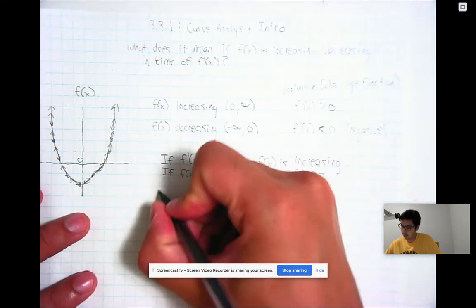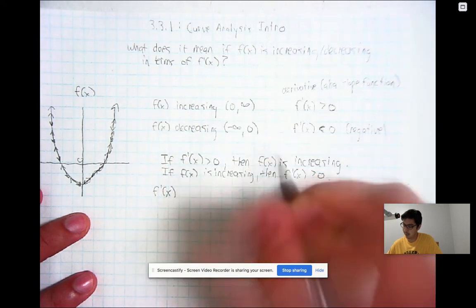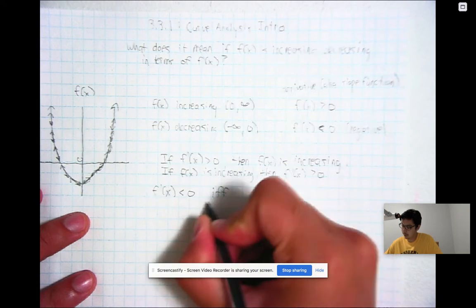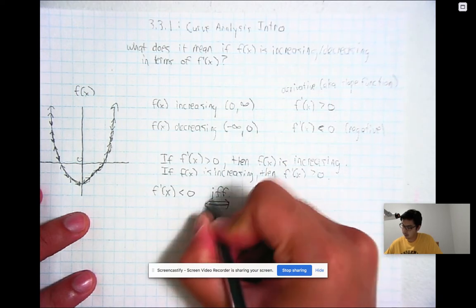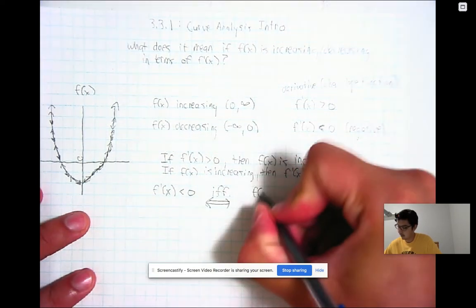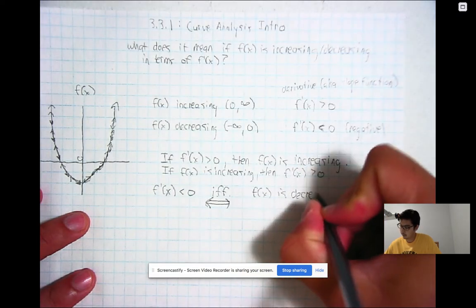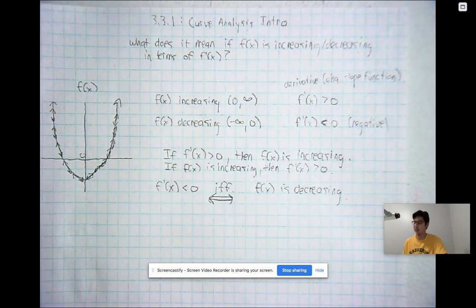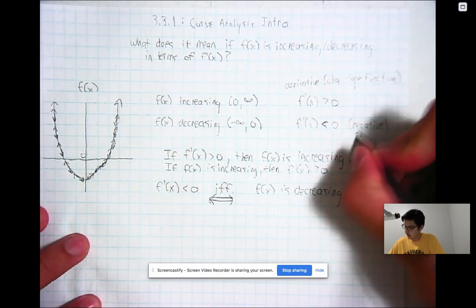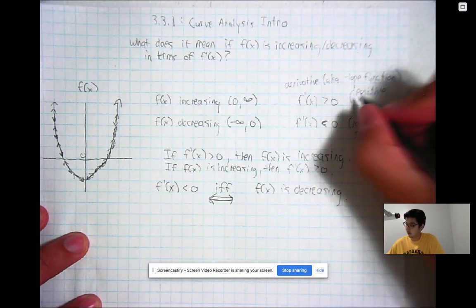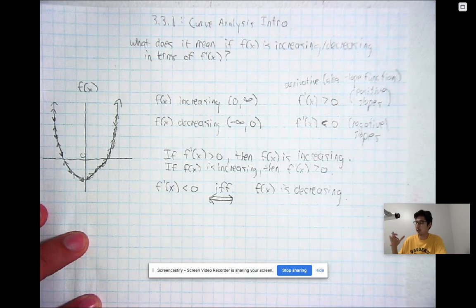I'm going to use a different notation here: f prime of x, the derivative, is negative if and only if f of x is decreasing, because if and only if goes both directions. Hopefully you can see that relation. And again, think like slopes, as that's really what's happening. What the derivative is on a graph is the instantaneous rates of change, the slopes.